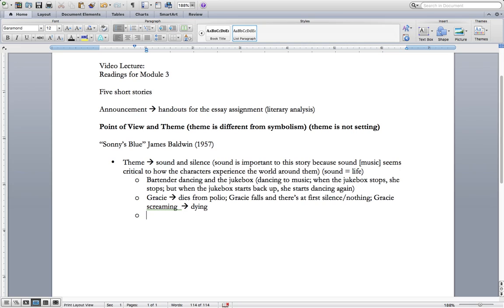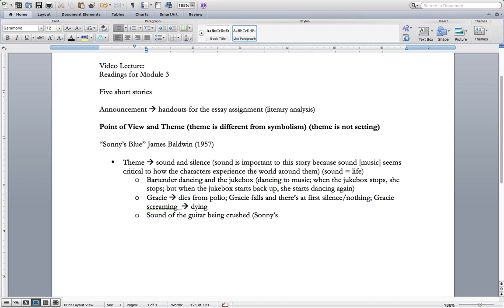We also have the sound of the guitar being crushed. So we get the story about Sunny's father's brother leaving a bar, I think, and going down a street.